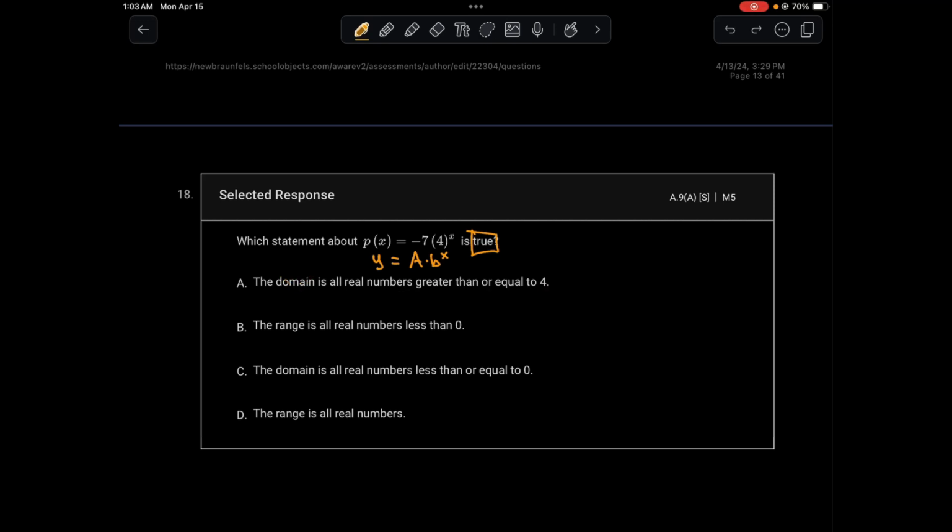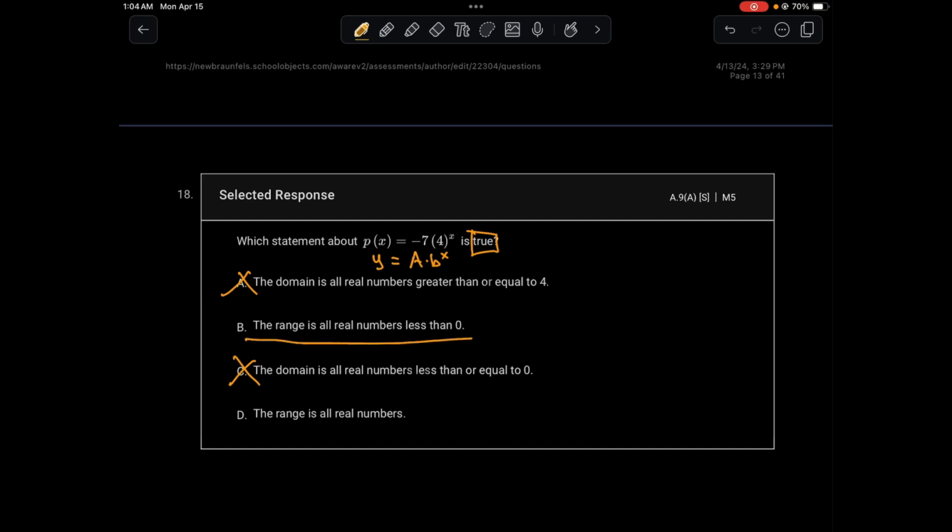The domain is all real numbers unless it's given otherwise. If it doesn't give me any restriction in the statement, then you don't restrict. So that's not it. Let's do the other domain: the domain is all real numbers less than or equal to 0. Again, we're trying to restrict the domain, so that's not it.